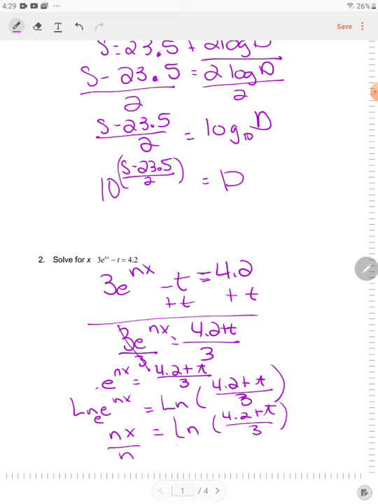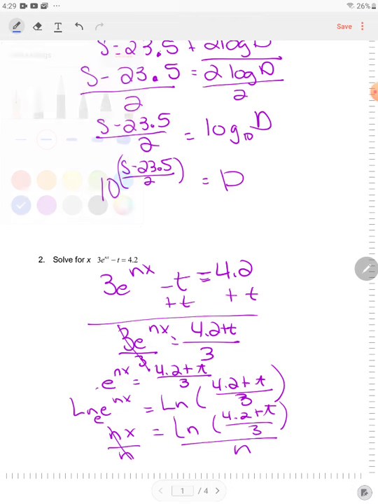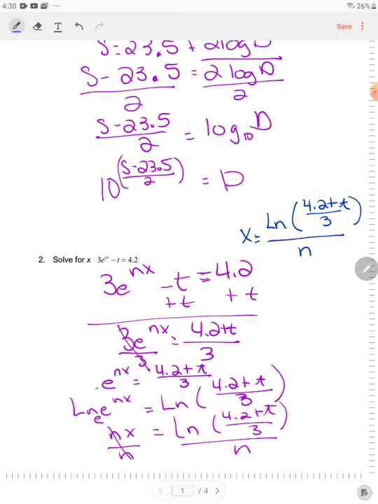The last step will divide by n. We will write the answer slightly above the problem. So let me choose another color here. We'll go blue. So number 2, your answer is x is equal to ln of 4.2 plus t over 3, and then that quantity divided by n as in Nancy.